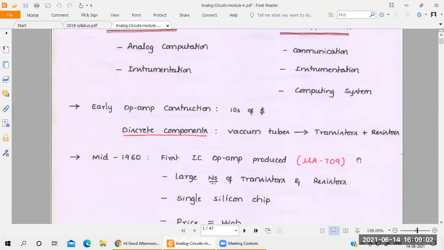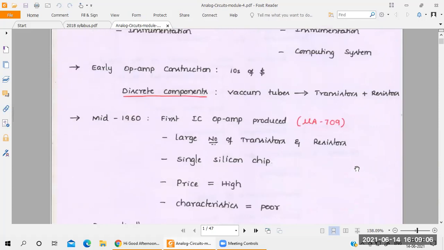So next, you take now the history of the op-amp. In early op-amp constructions, they were based on discrete components like vacuum tubes. Nowadays they are using transistors and resistors. So earlier they used vacuum tubes to make the op-amp circuits.